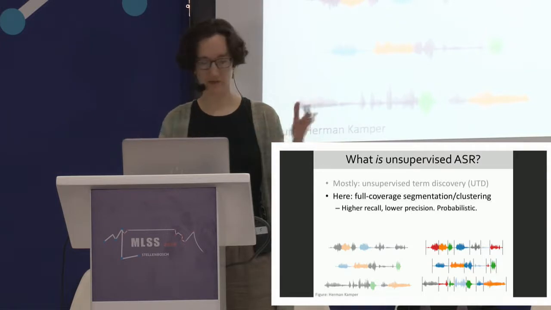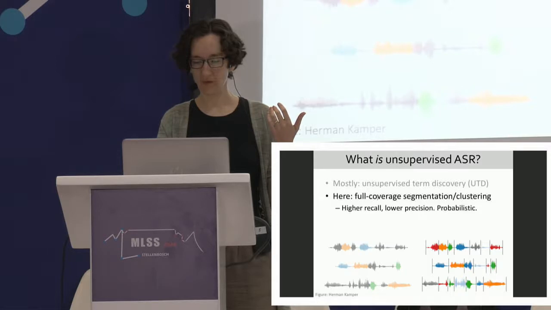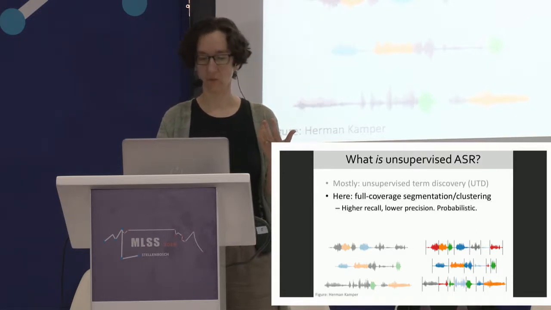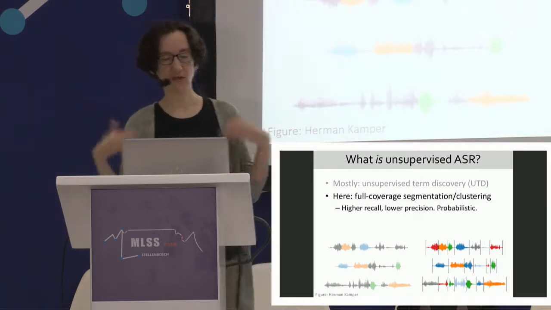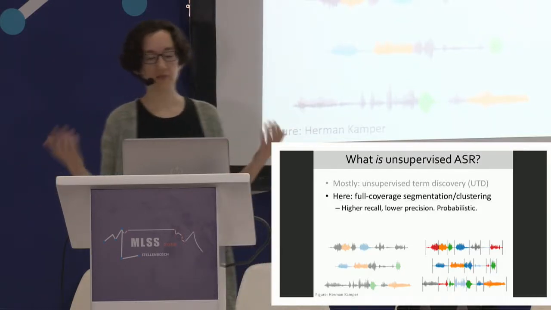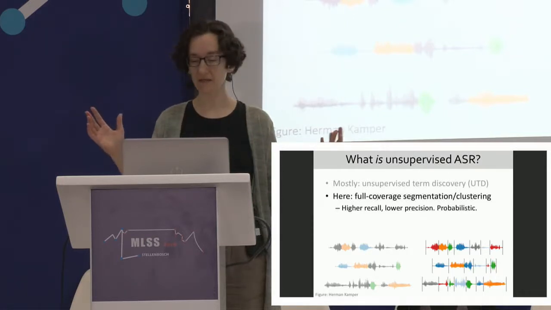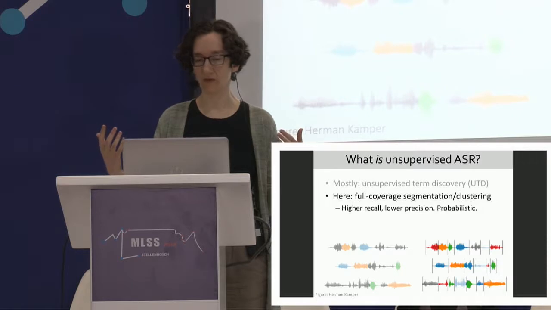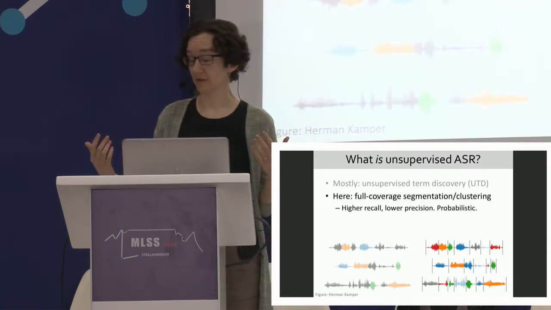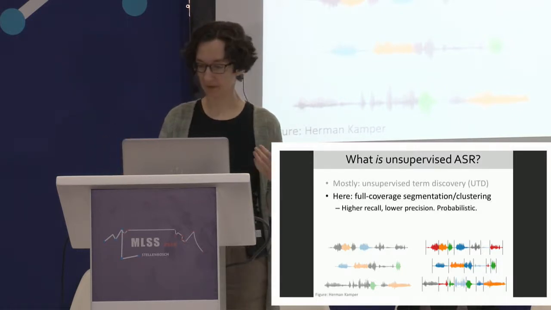So we're going to deal with all of the data, and we want to segment it, figure out where the boundaries are between the words, and then cluster together the different instances of the same word. The idea here is that we're going to have a much higher recall system, potentially with lower precision. But the fact that we're covering the entire data has the nice benefit that we can actually use a probabilistic model to do this. I'll explain that a little bit later in the talk.